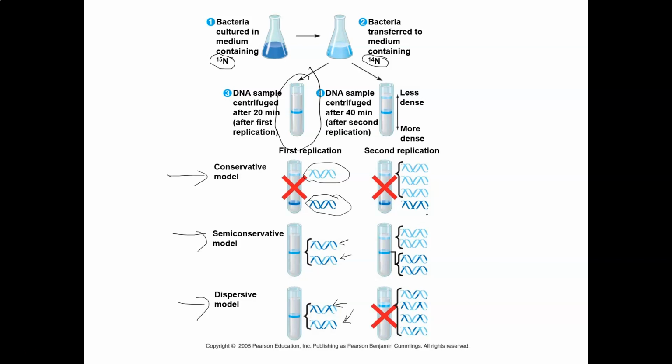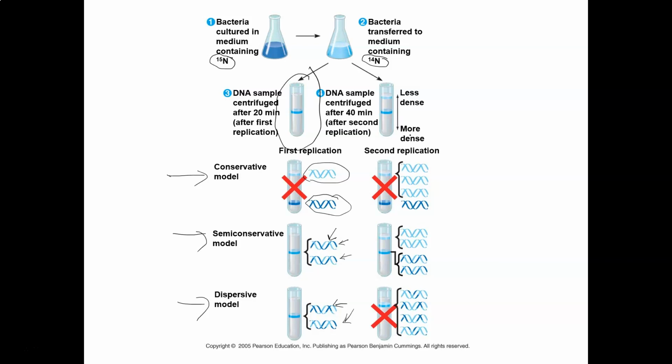So let's look down here at what you'd expect. For the semi-conservative model, and look back at the first round, look at these pictures, when this DNA molecule right here separates, then there'll be an old and a new DNA molecule, but then the other strand is already new, so there'll be another new strand made, and you'll end up with 2 completely new or light DNAs and 2 heavier ones.